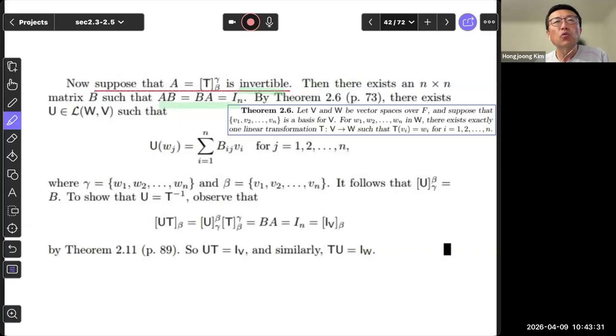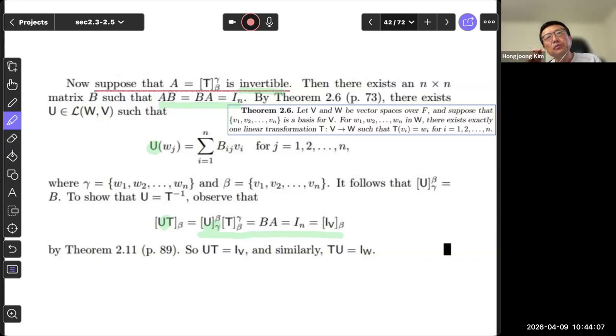Then from this B, we can introduce certain U mapping, such that, okay, so this is correct, the product of these two matrices representing U and T is eventually the same as the matrix representing the composite. And here I'm using this theorem 2.11 one more time.